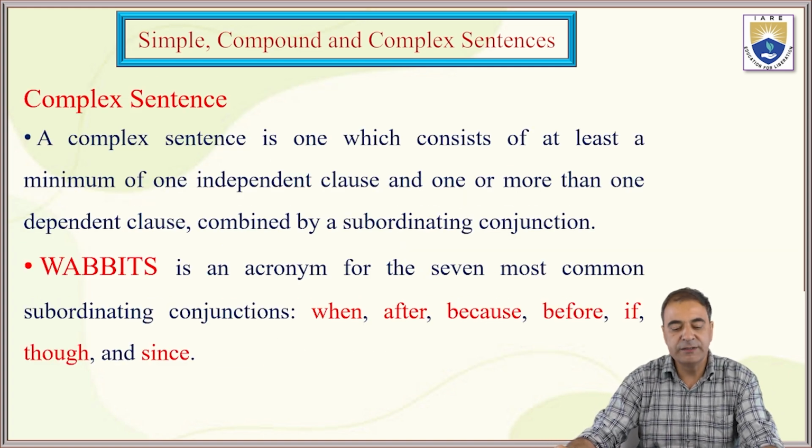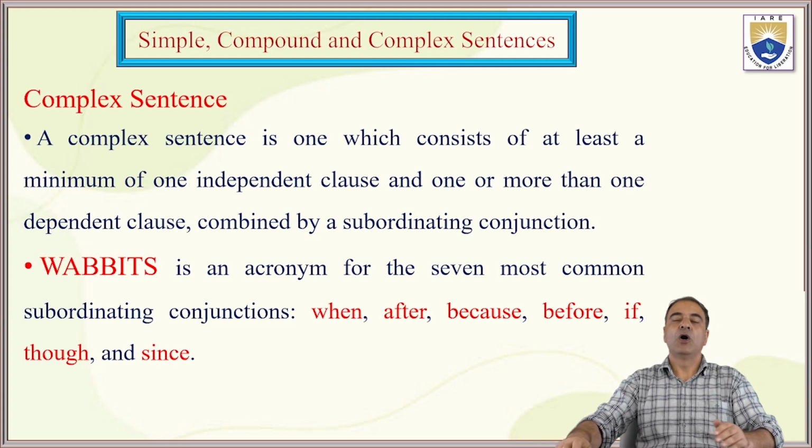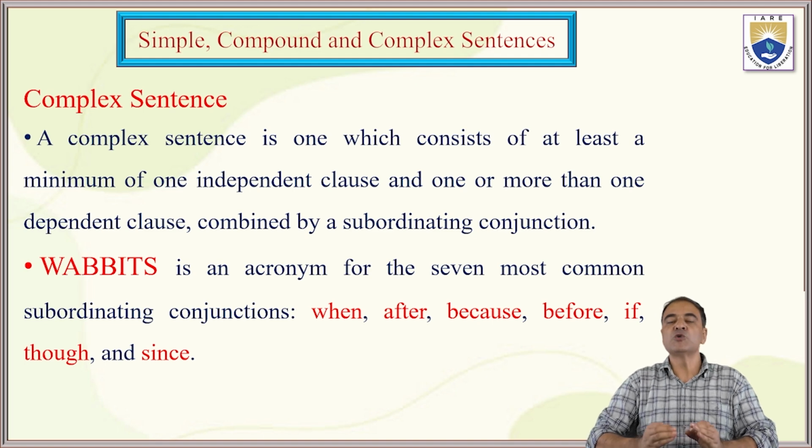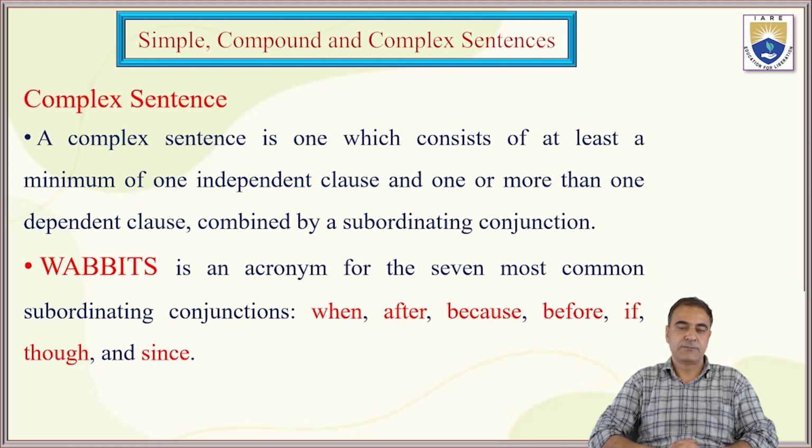Now we have the next one, that's the complex sentence. A complex sentence is one which consists of at least one main clause and one or more than one subordinate clause or dependent clauses. Now, what's this complex sentence? A complex sentence is a sentence that carries one main clause and one or more than one dependent clause.